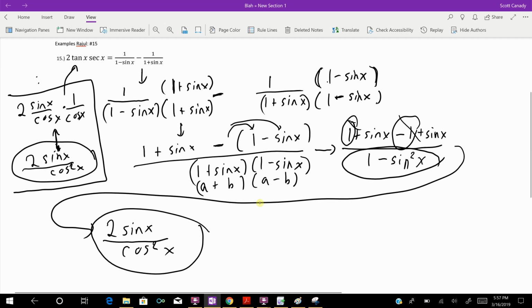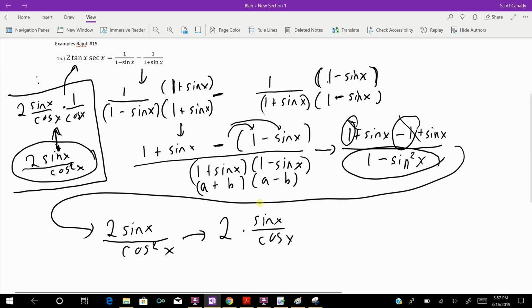This step goes to this step. So let's go ahead and write that down. So that becomes 2 times sine of x over cosine of x times 1 over cosine x. And then this step leads to my final answer, which is 2 tangent of x secant of x.